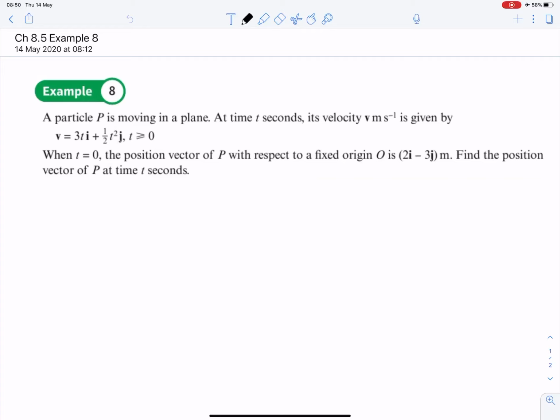So here we go with example 8 from chapter 8.5 on the mechanics. So usual approach, let's read through the question, pick out the key facts. A particle P is moving in a plane, time t seconds, its velocity is v, and the acceleration is 3ti plus t squared j.